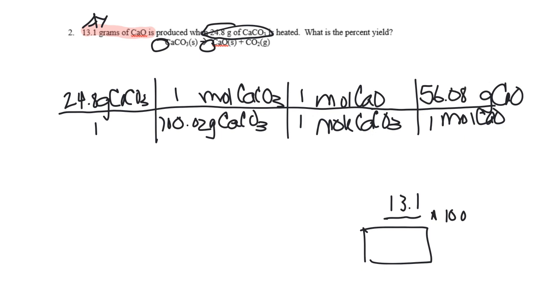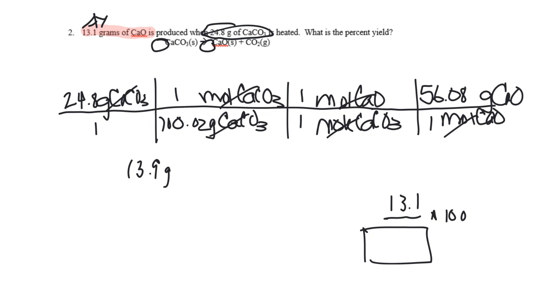So now I have done balance the reaction, check. Given to moles, check. Mole to mole fraction, check. Mole to the goal, grams of CaO, check. Now cancel my units, get my answer, and the answer is 13.9 grams.